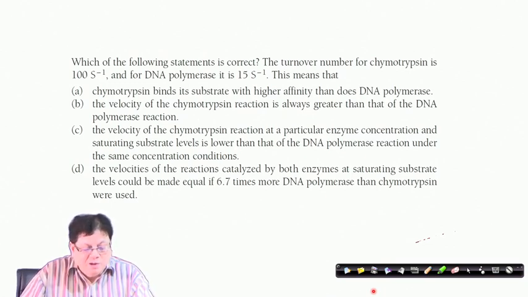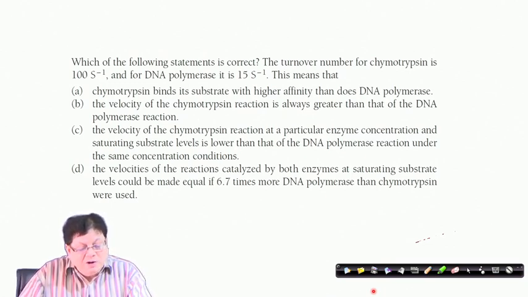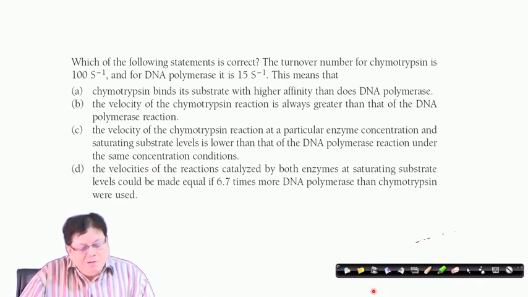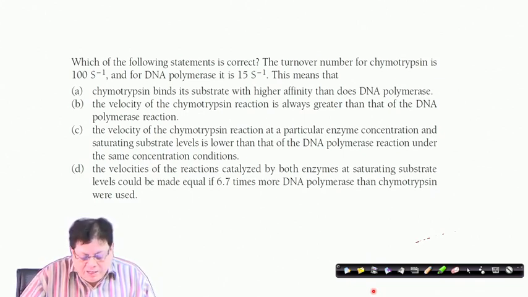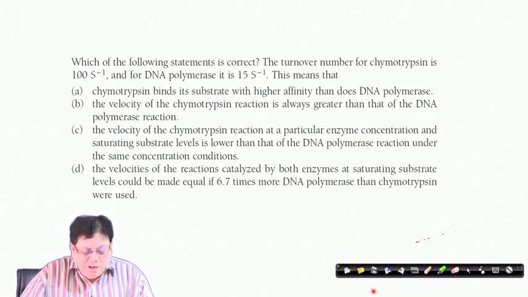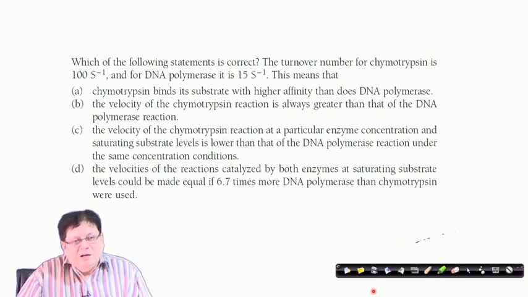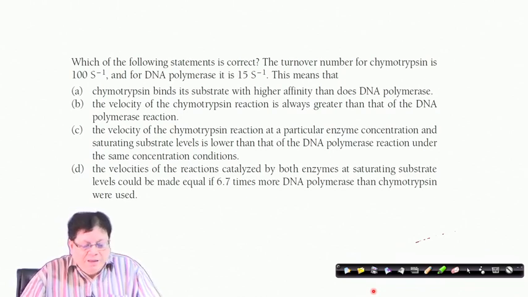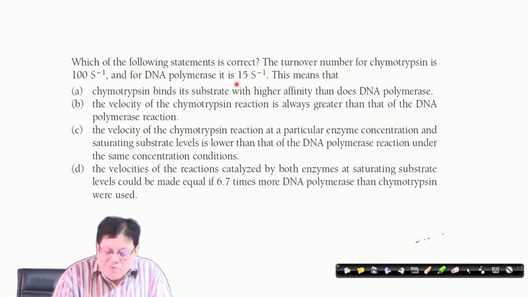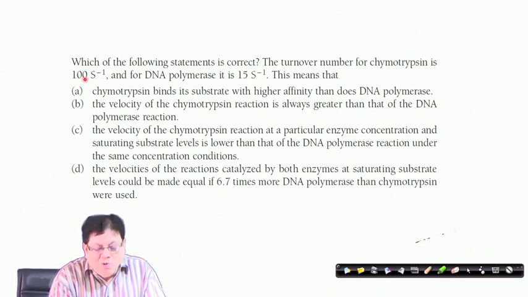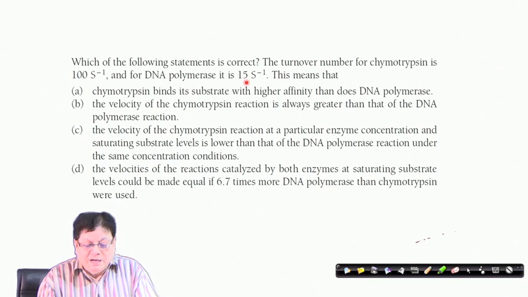And for another enzyme which is called DNA polymerase, we have not yet read the nucleic acids, but DNA polymerase is the one which actually synthesizes the polymeric DNA molecules. Okay. So, DNA polymerase has 15 second inverse. So, turnover number here is more than this one, 15 second inverse.